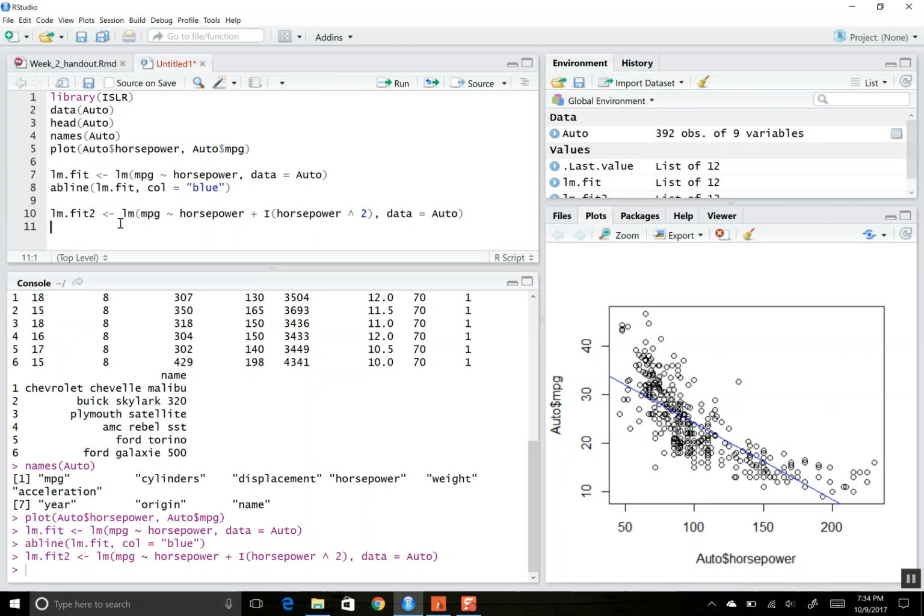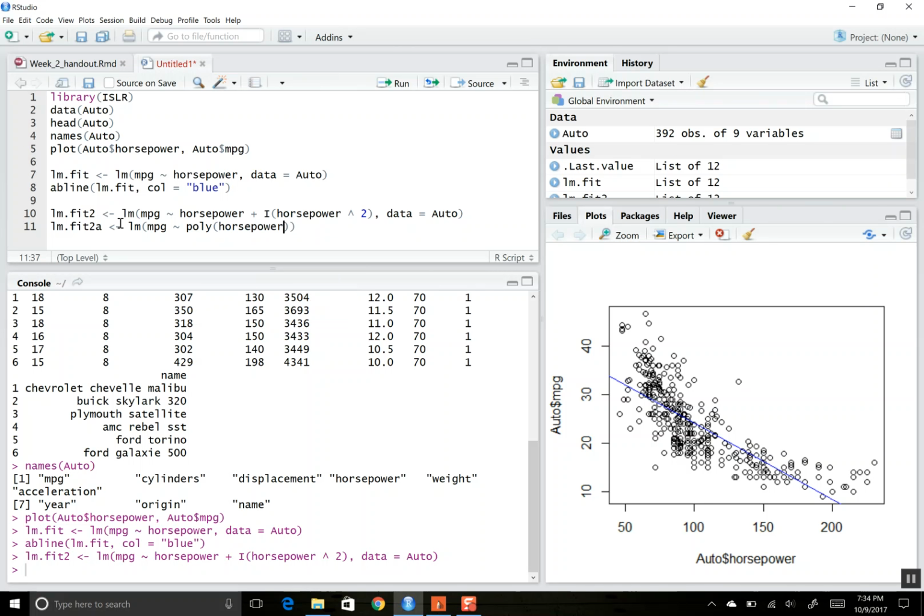Okay, or another way is you can do lm.fit2a, you can just do lm mpg as explained by poly on horsepower, and poly creates what they call orthogonal polynomials.